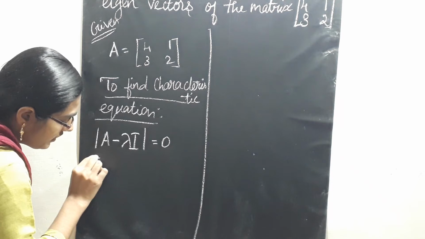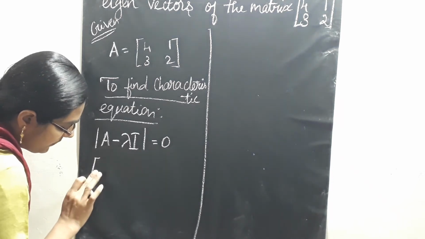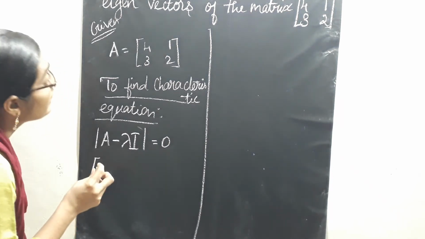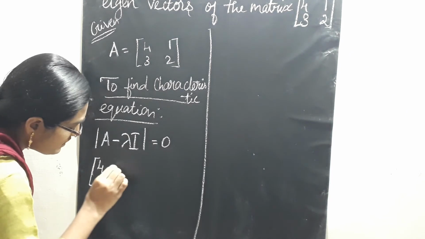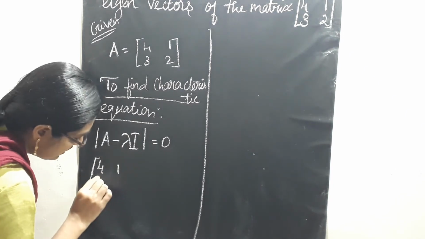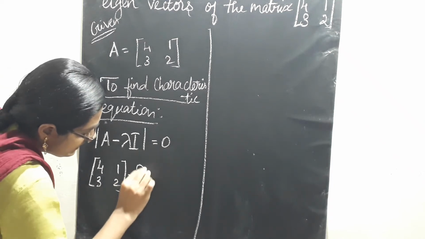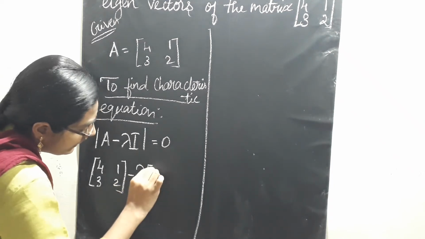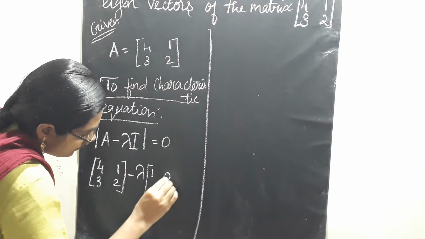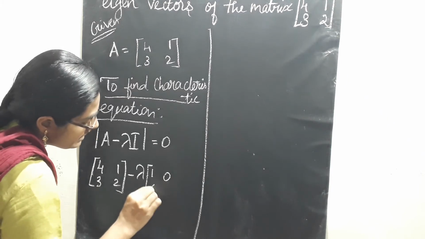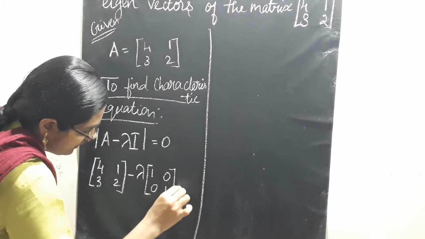So for this we need to find A minus lambda I. Here the given matrix A is 4, 1, 3, 2 minus lambda into identity matrix, the 2 cross 2 unit matrix, which is 1, 0, 0, 1.